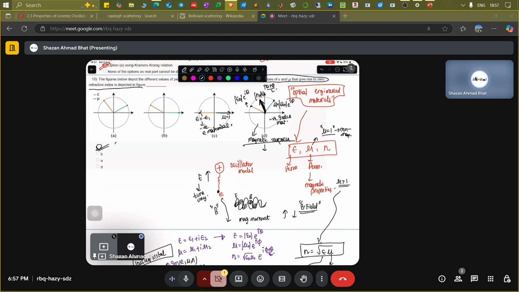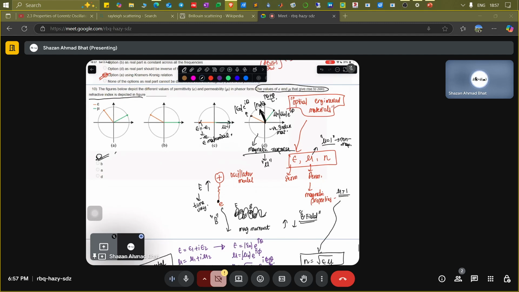That means you have a certain mu permeability value. Similarly, if you talk about this, the refractive index will be positive. It will be in this particular direction. Similarly, for this, the refractive index might be here, and altogether you can just change or tune the refractive index as per this.